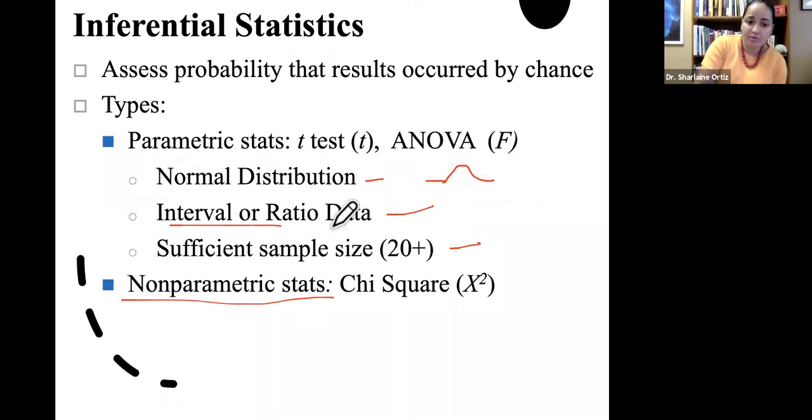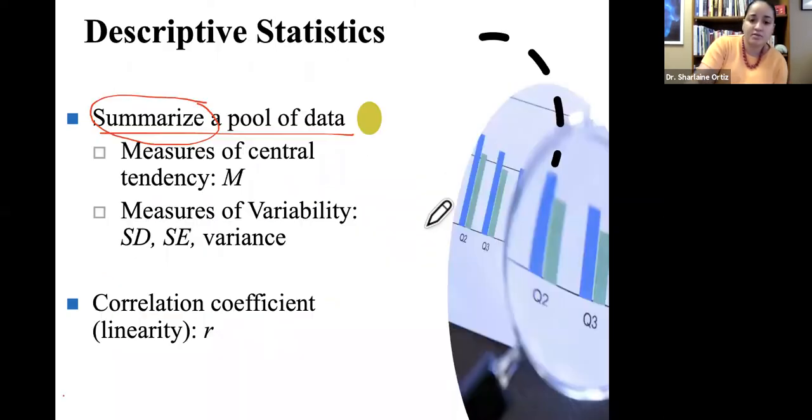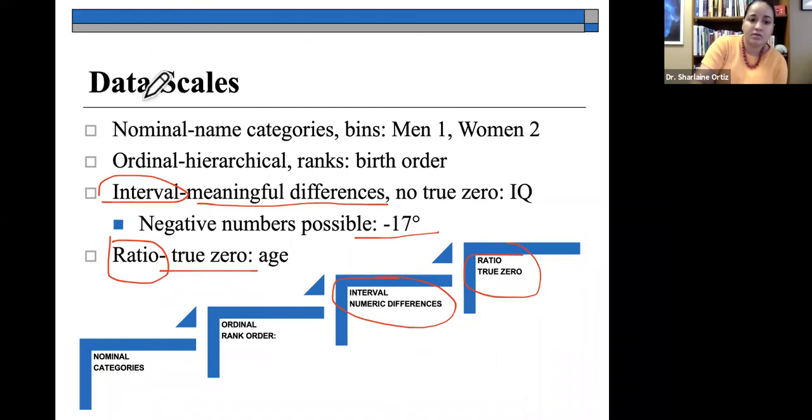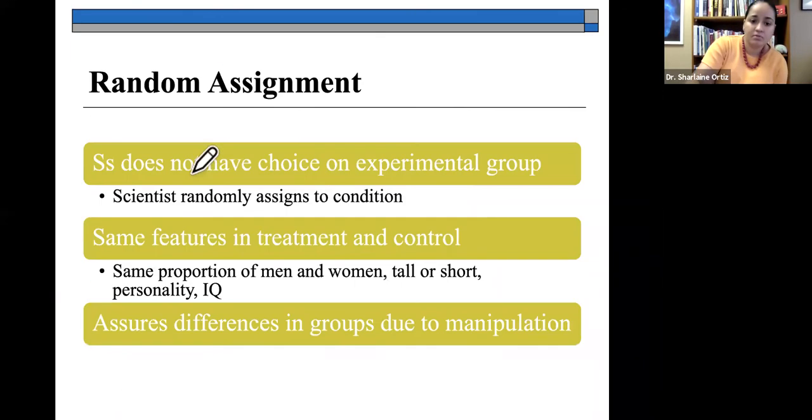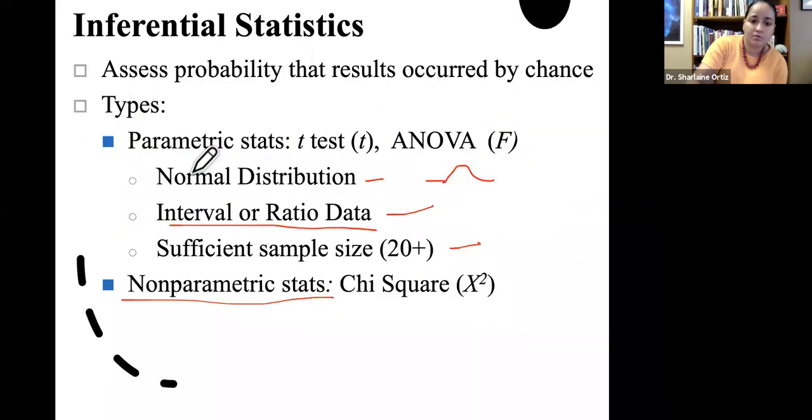You were unable to use interval or ratio data, so now you're moving towards the nominal and ordinal. Or your sample turned out to be less than 20. You must now not utilize parametric statistics, and we're going to move to non-parametric statistics.